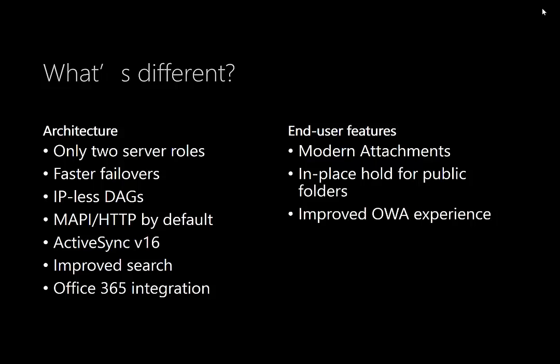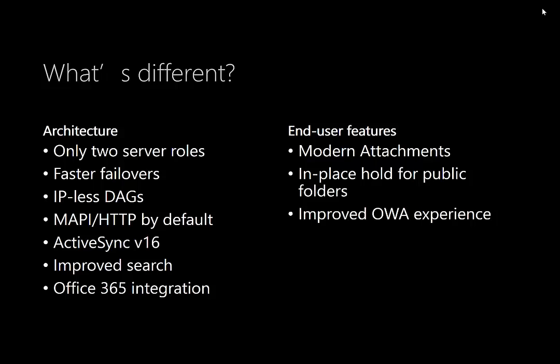MAPI over HTTP is used by default. There's a new version of the Exchange ActiveSync protocol that relatively few devices are able to take advantage of, but I expect that's going to change. Search is much better. There's more integration with Office 365.